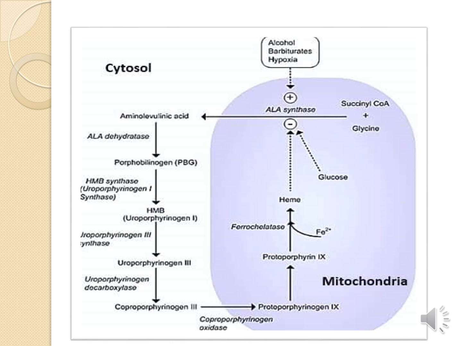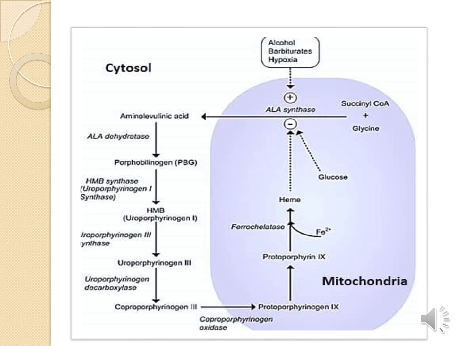Once the amino-levulinic acid is formed, it in turn converts to porphobilinogen, that is PBG, with the help of the enzyme ALA dehydratase.